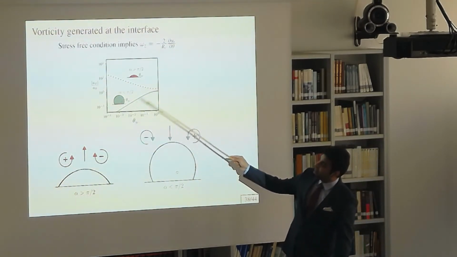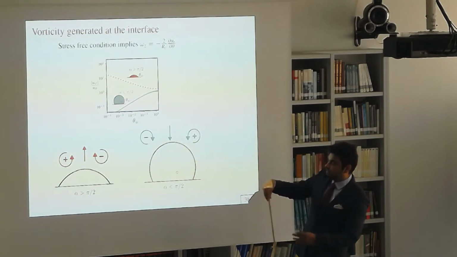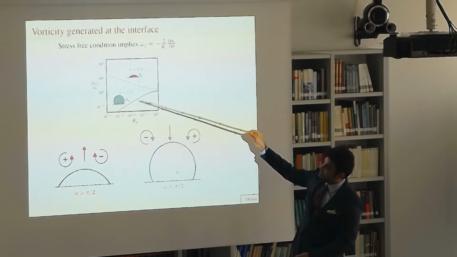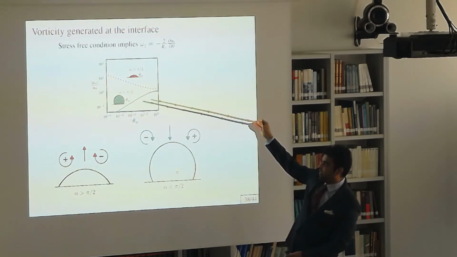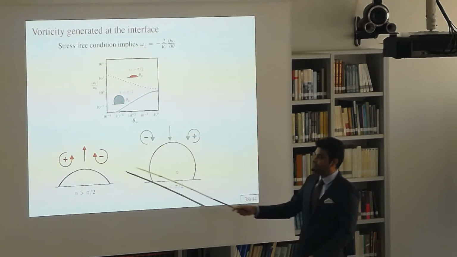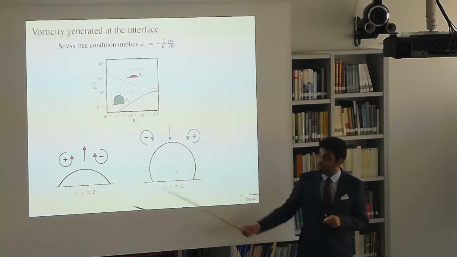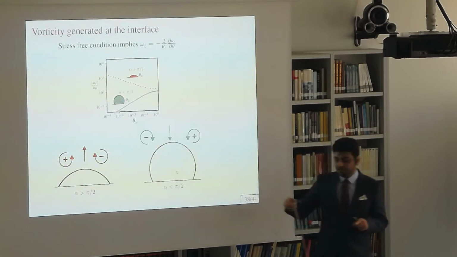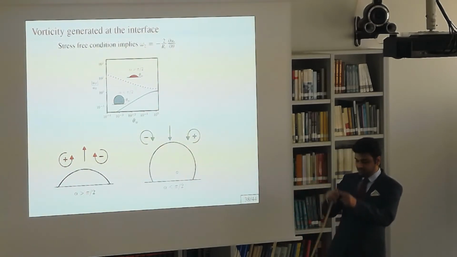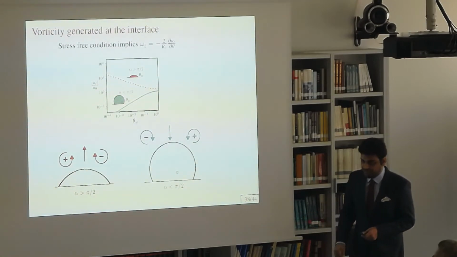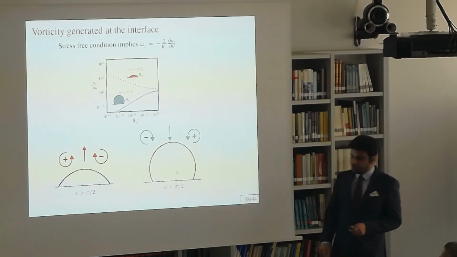Here you can see that it is supposed to be the slope of these curves, and we see that this slope changes when the angle is smaller than or larger than pi by 2. Therefore, in this case, a vortex ring is generated like this, which travels upward during the collapse, and in this case, we see a vortex ring that travels towards the wall and is responsible for cleaning of the solid.